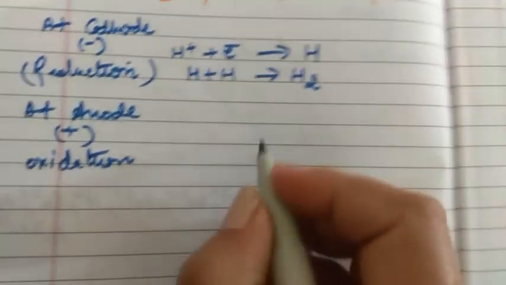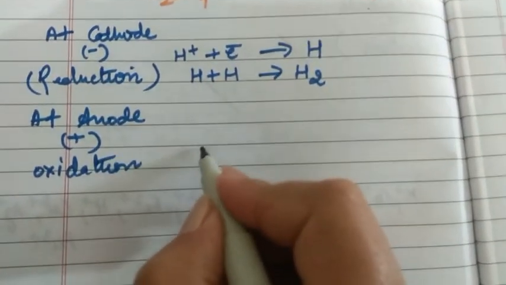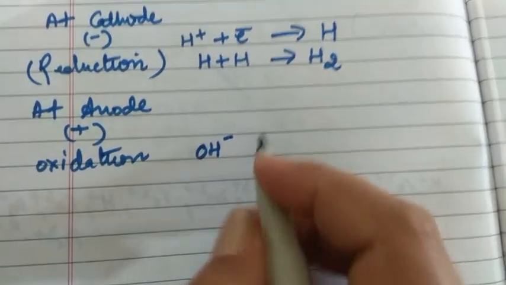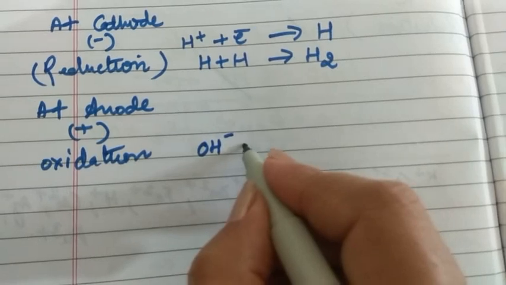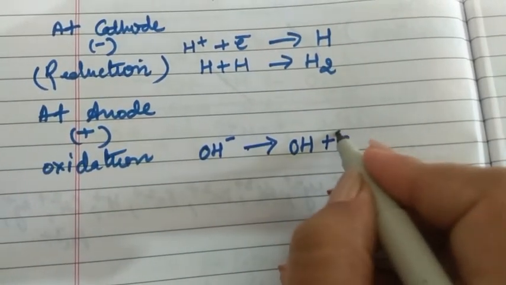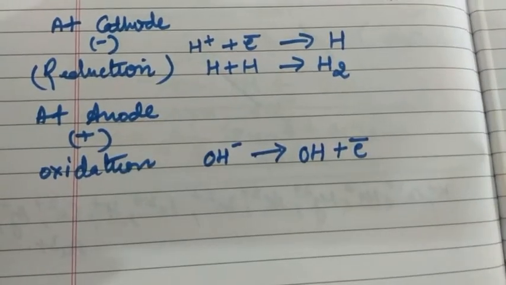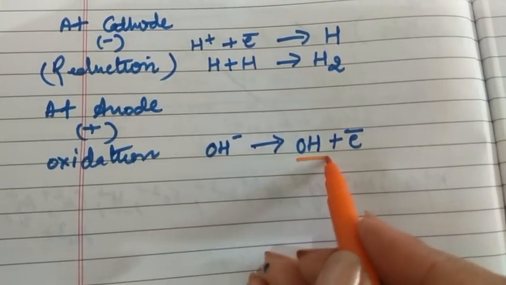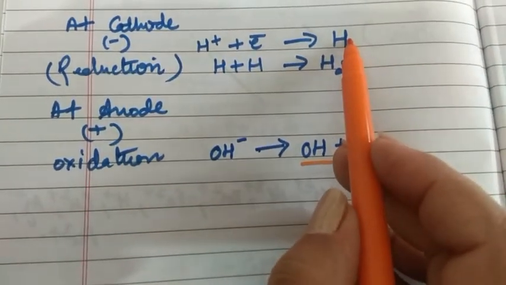Now what will happen? Hydroxide ion, OH-, will lose electron to form OH plus electron. This OH is unstable, just as H is unstable.